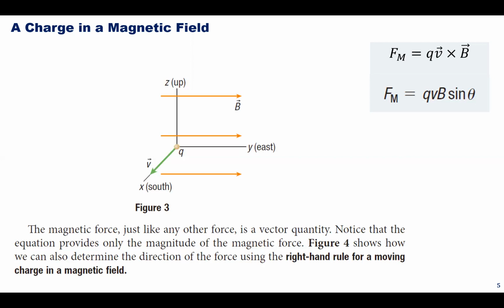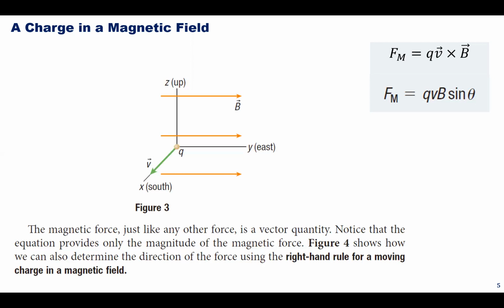So here, figure 3 shows a particle with positive charge Q moving with velocity vector v. The direction of vector v is south. The magnetic field, which is denoted by uppercase vector B, points east. And the magnetic force on the charge is acting vertically upward.